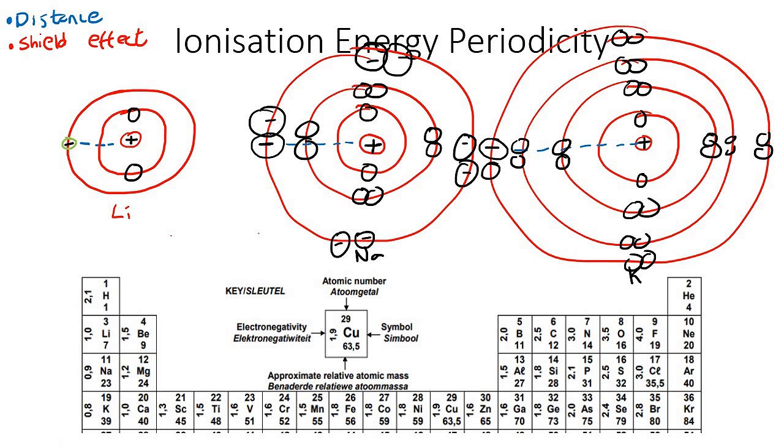That's the shield effect from all of the electrons that are on the inside. So these electrons here are going to shield, or almost block the force from this nucleus. So there will be less force exerted on these electrons because these ones are almost getting in the way. They are blocking the force a little bit. Okay?